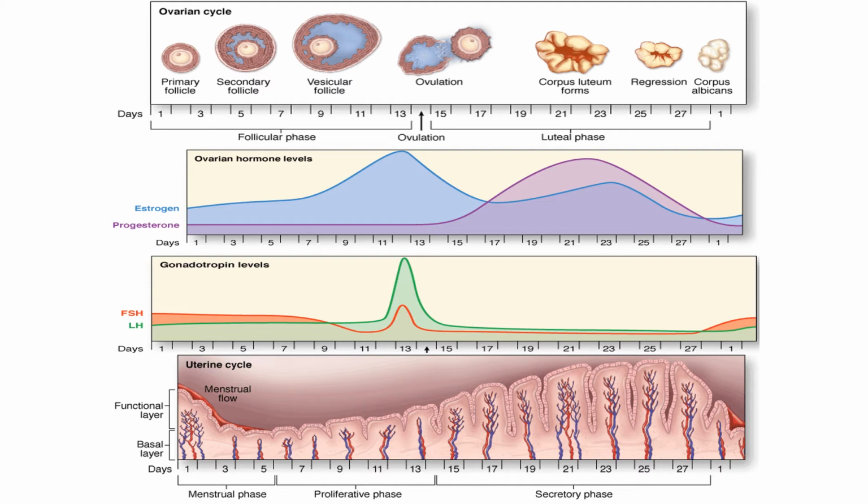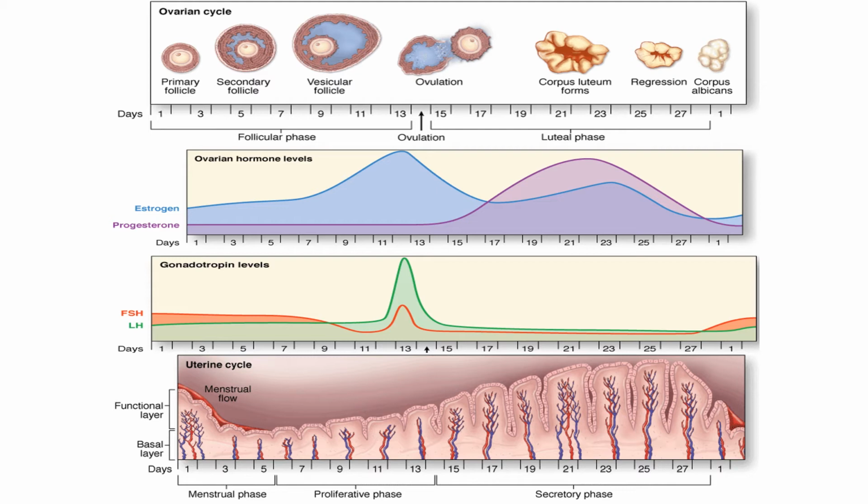Now we count the cycle starting from the first phase of the menses. Initially, under the influence of FSH, the follicle grows and forms the Graafian follicle, and that is the peak of the formation of estrogen. Roughly, the first 4 days are the initial phase of the menstrual cycle, the menstruation portion.